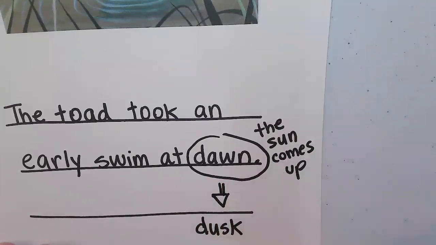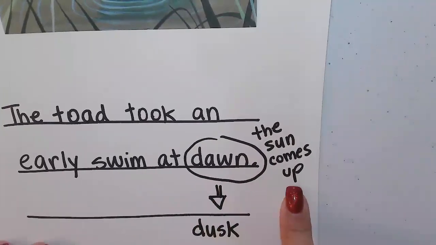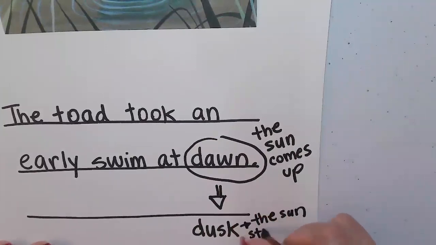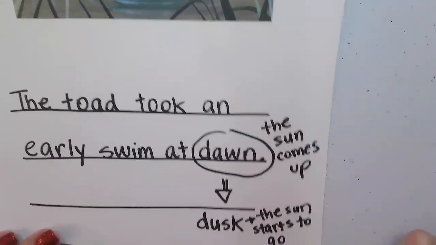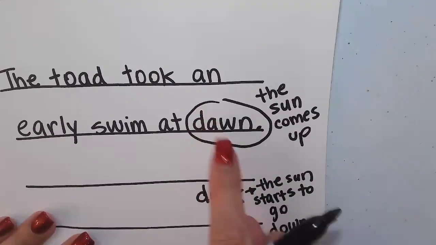If it's the opposite, instead of it being when the sun comes up, it's when the sun starts to go down. You do not have to write this. Starts to go down. Okay. So you have an easy assignment. So there's dawn and there's dusk.